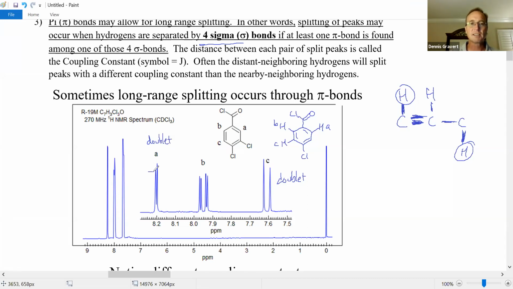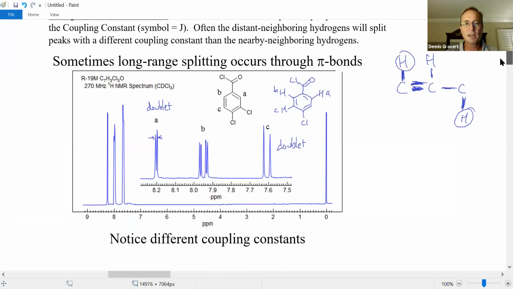But look at the distance between these peaks. Scientists call that a coupling constant. You can go down to the x-axis and measure how many ppm one peak is separated from the other. At a glance, you can see that the distance between these peaks is much smaller than the distance between these two peaks. Scientists will call this the coupling constant between the peaks of peak C. That'll be larger.